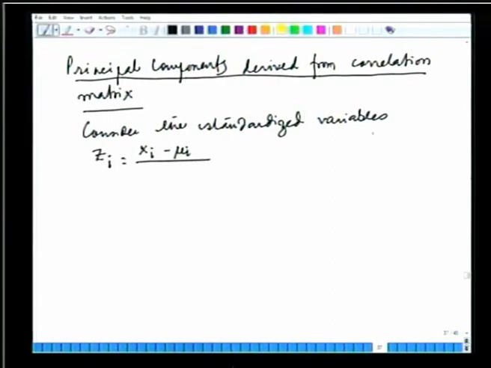that is, the mean of the ith random variable. We had earlier said that the mean vector, if you have to write the covariance in terms of expectation, is mu1 to mup, and sigma, the variance covariance matrix, is sigma ij.